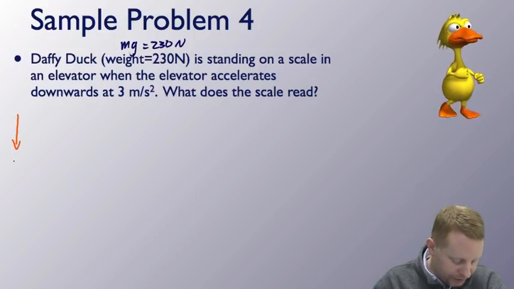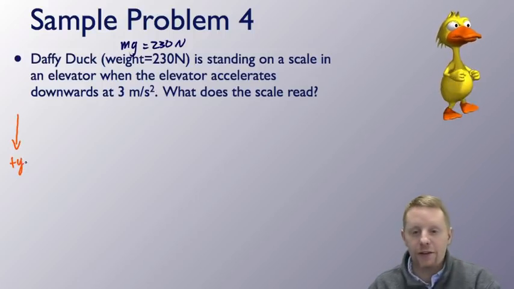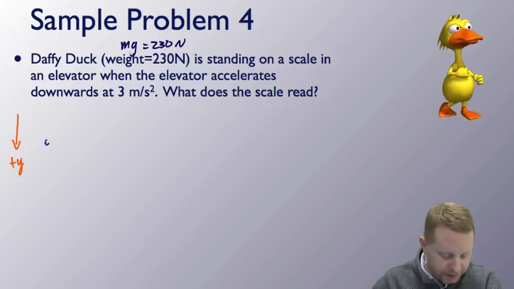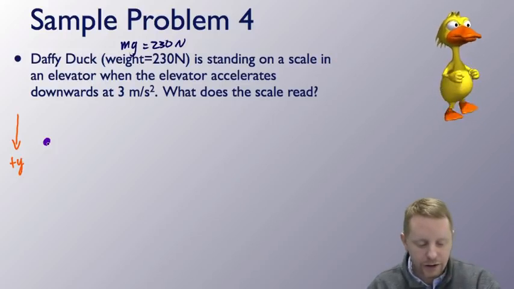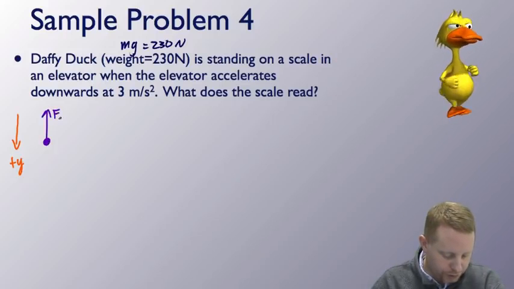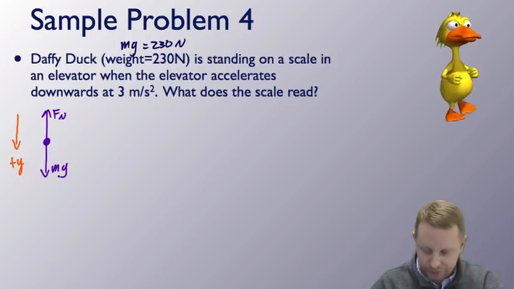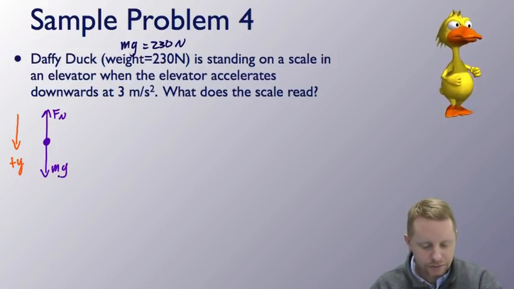Well, let's set up our axis again. We'll call down the positive y direction. That's the direction the elevator moves initially. We'll draw our free body diagram for the situation. There's our duck. We've got the normal force pointed up. We've got gravity down.